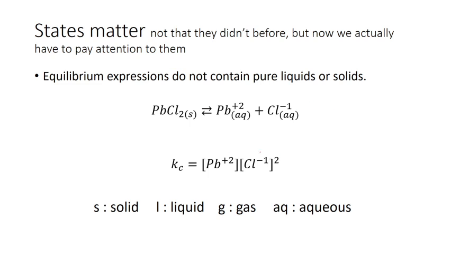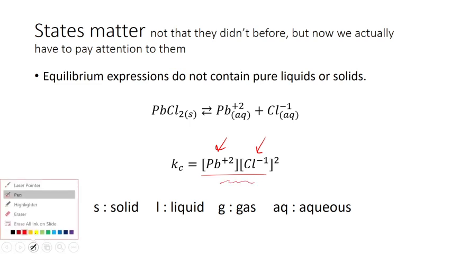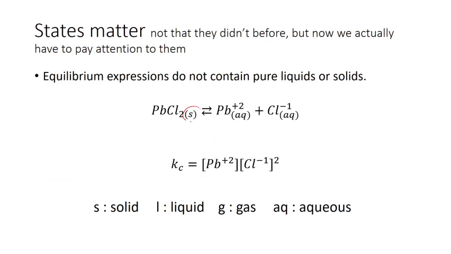We just put lead ions and chloride ions in here. There is no bottom here. There's no stuff down here because this is a solid and it does not appear in an equilibrium expression.